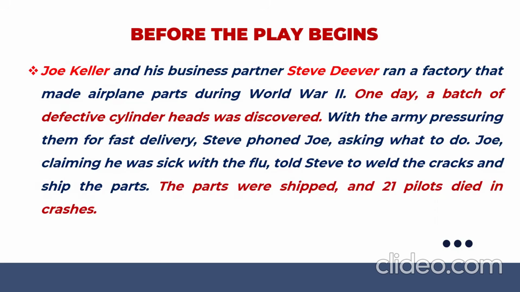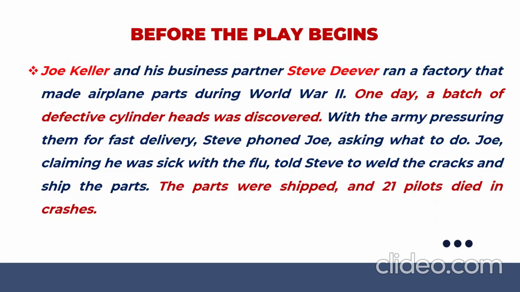Steve telephoned Joe Keller and asked him what to do. A few parts have some sort of defect. What to do, and how to fulfill the demand? Both of them are partners. Joe Keller said that you only take the decision, and he said that he was sick due to the flu.